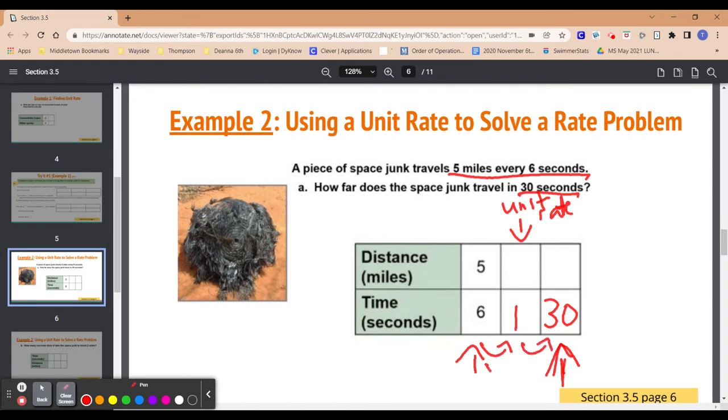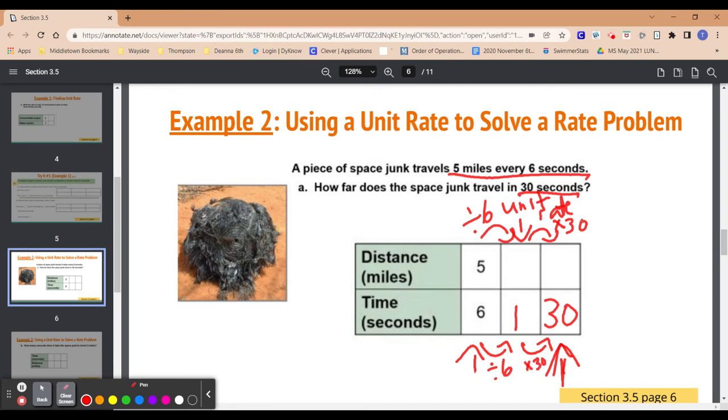So it means I'm going to divide. I did that wrong. I did multiplication. I don't want to do multiplication. I'm going to divide by 6, and then this is going to be divide by 6. And then from 1 to 30, I need to times 30, which means up here I'm going to times it by 30. So we have to do some work here.